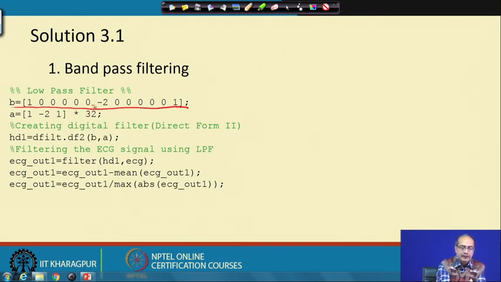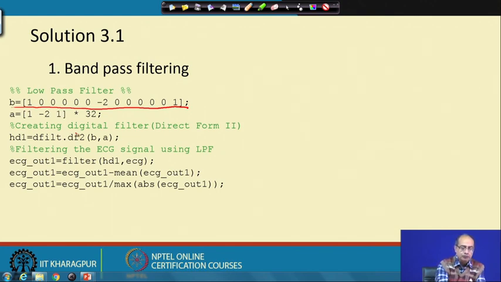Here we have 13 coefficients, and in the denominator we have 3 coefficients. There is a term 1 by 32, a constant scaling. To take care of that, the numerator polynomial is multiplied with 32.